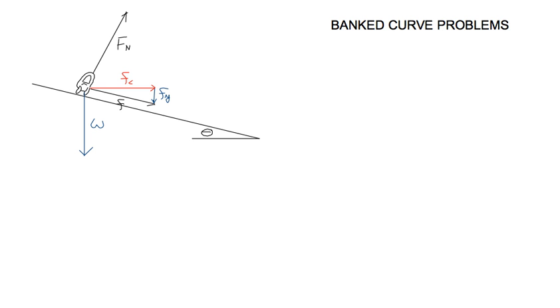The y component is going to be like that, and its centripetal component is going to be like that. So those are the two components of the normal force, and I want those to be labeled.